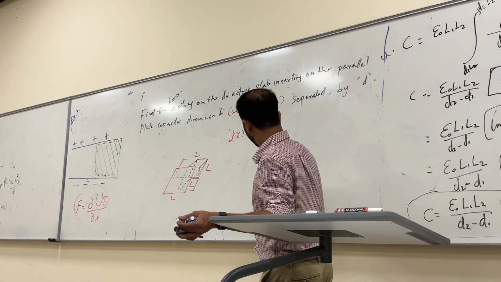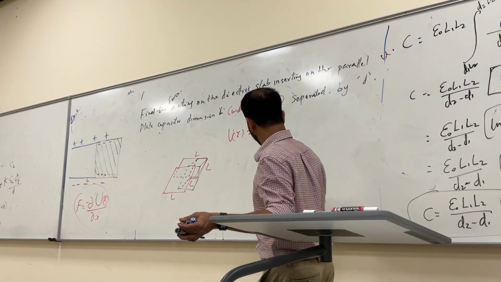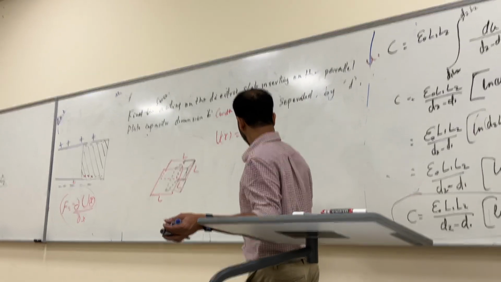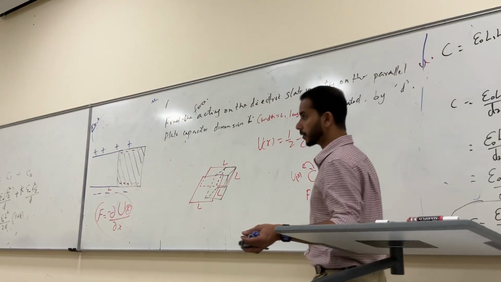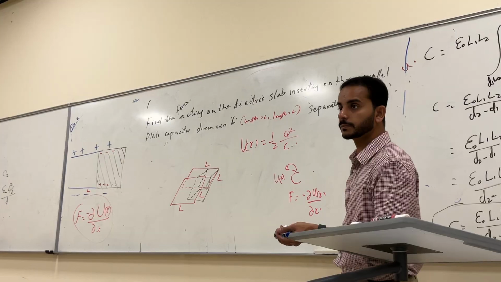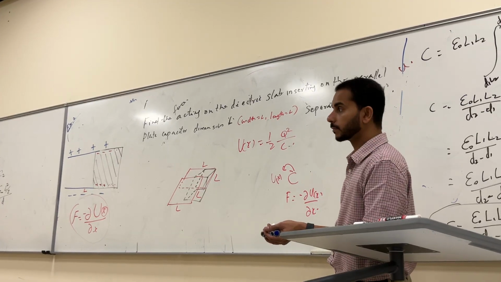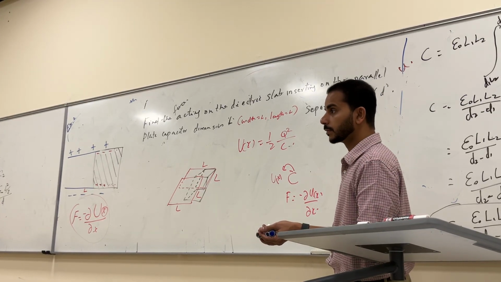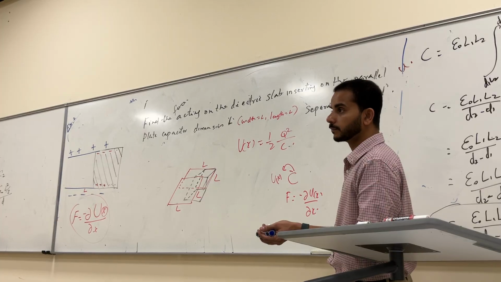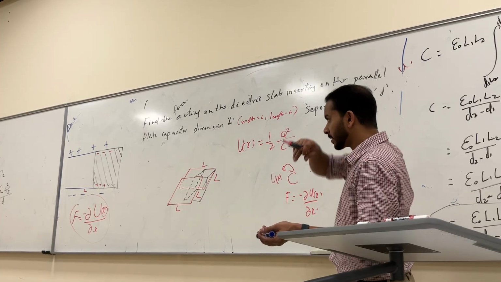Then if you want to find the force, find dU of x over dx. Can you do this, or do you want me to do this? So, what is the capacitance here?